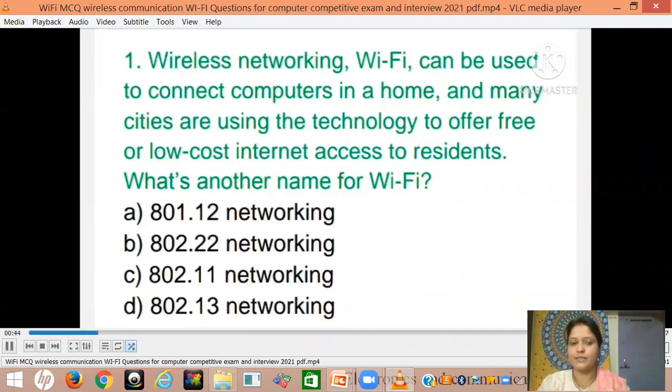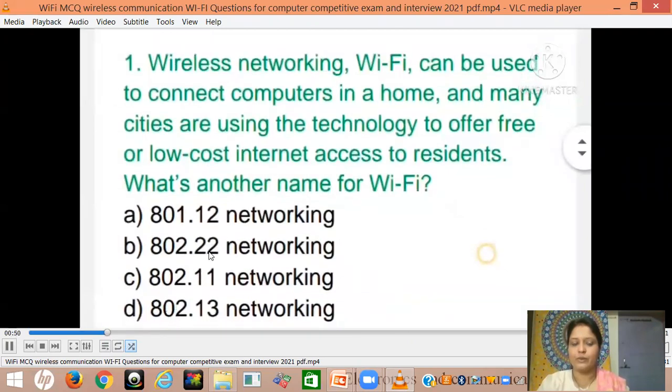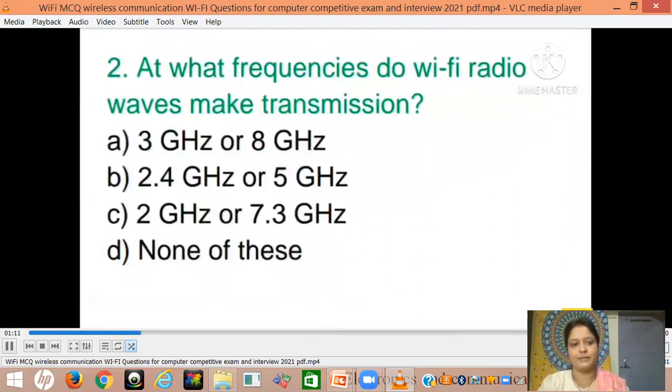Let's try to answer this one. The correct option is 802.11. That is the technology Wi-Fi is using.